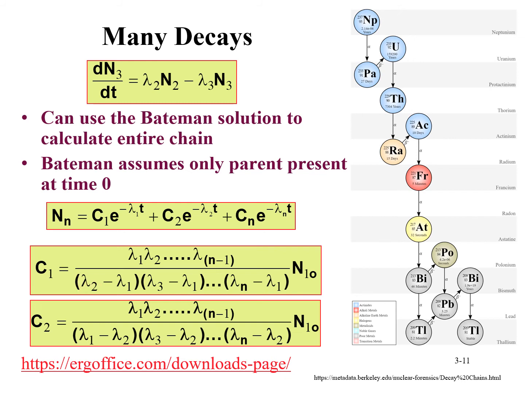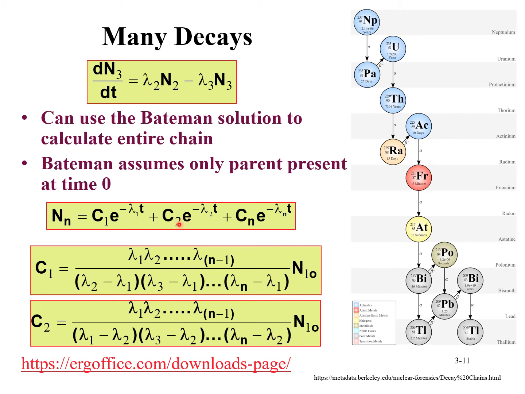So of all of them for this subscript value, all the decay constants minus that value, times the initial amount of the parent.